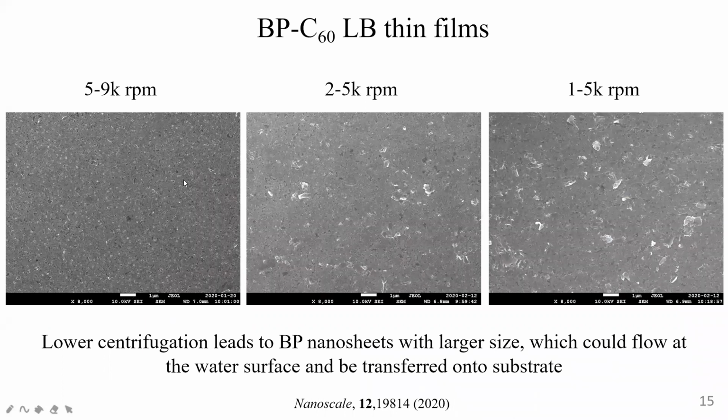And as you can see, lower speed could lead to black phosphorus nanosheets with larger size, more than 1 micrometer flakes observed from the morphology. That is to say, even larger flakes could also float at the water surface and be transferred onto the substrate.